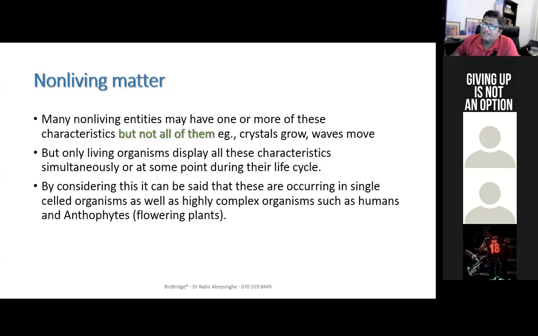All seven characteristics occur in single-celled organisms as well as multicellular, highly complex organisms such as humans and angiosperms. All seven are there, right?